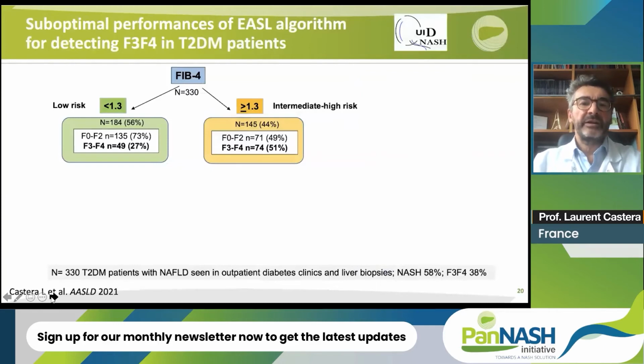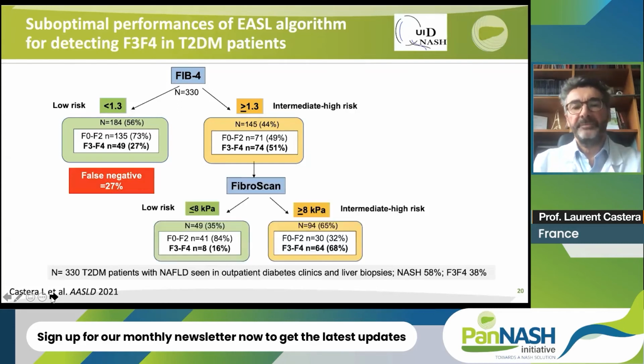This is our experience in the QUID NASH cohort I've already presented. Using the EASL algorithm, you end up with false negatives for advanced fibrosis in 27% of cases. And if you perform a FibroScan in patients above 1.3, again, you end up with false positives in a little bit more than 30% of cases.